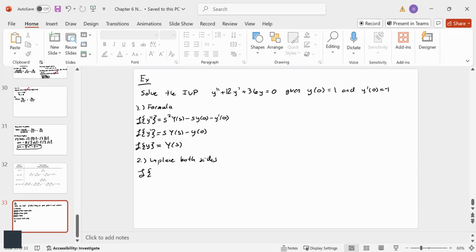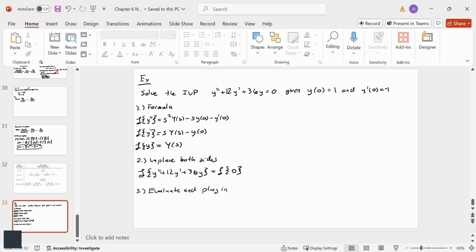So Laplace of y double prime plus 12y prime plus 36y equals the Laplace transformation of 0. Then step three is going to be evaluate and simplify, or plug in. So we're going to plug in our initial conditions.